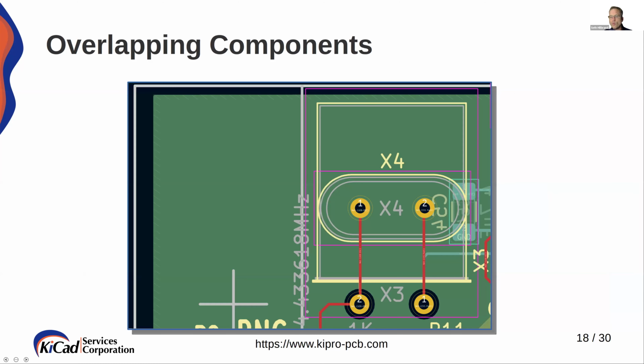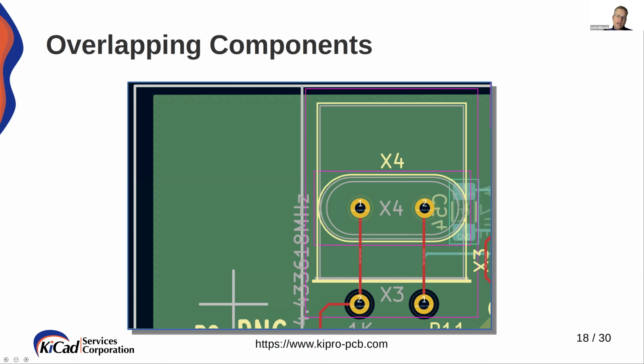Now, what would you want to use a DRC rule for? One of the ways you might want to use one: for example here, you might have a variant design where you have two footprints, two components that might be overlapping in your design, and you want to allow this to happen.